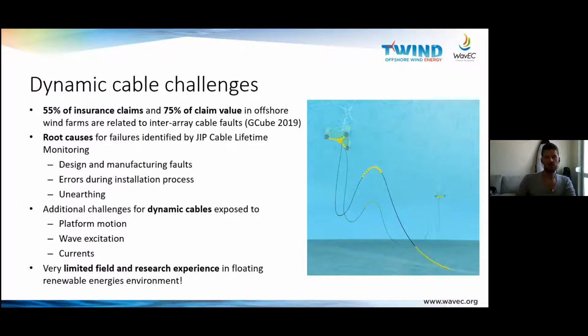So a big part of the problems is actually when the cable is moving in motions that it is not supposed to do. And of course, that is a special challenge for dynamic cables that, as the name says, are naturally moving around because they are exposed to the motion of the floating platforms, exposed to excitation by waves and currents.